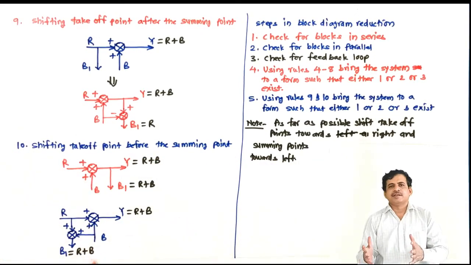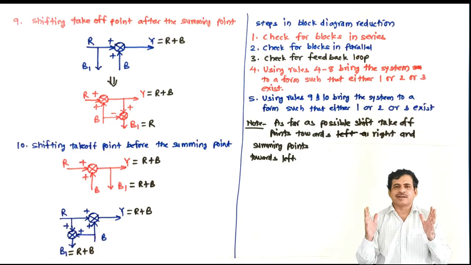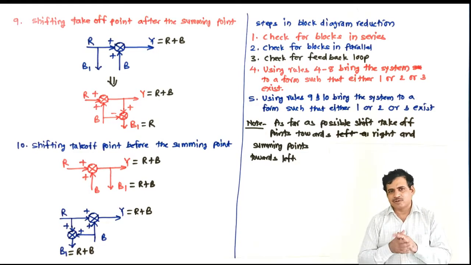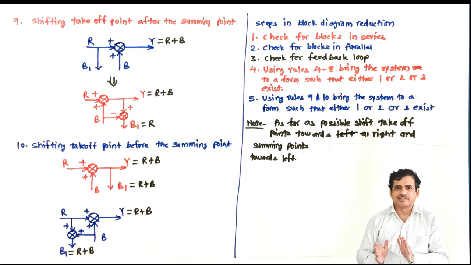So use this and convert a block diagram into a single block. We are also going to do that, but not in this lecture. In this lecture we have seen all 10 rules. In the next lecture we will solve few examples on block diagram algebra. Thank you.